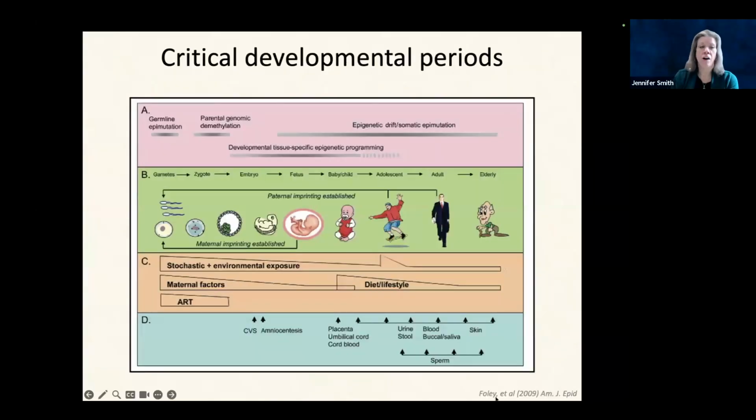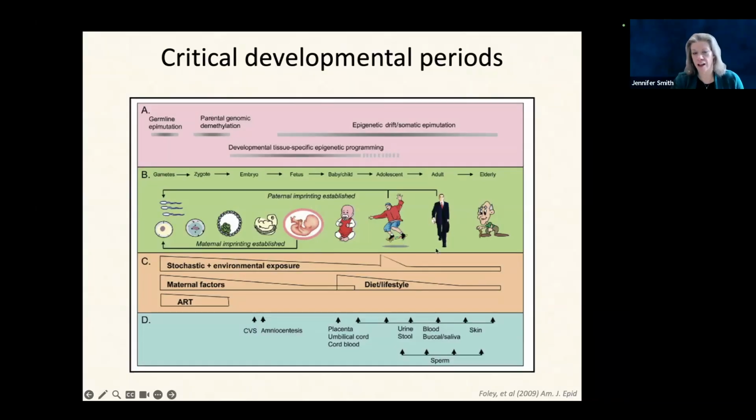And there are also really critical developmental time periods. So throughout the life course, there are places where epigenetics is reprogrammed and remade in your epigenome. So there's maternal imprinting established when you're a fetus.